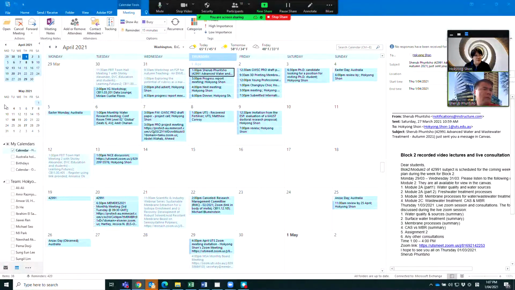One student wants to have longer lectures so that they can follow the Zoom meeting and stay in our class, so that it's much more efficient to learn about advanced water and wastewater.